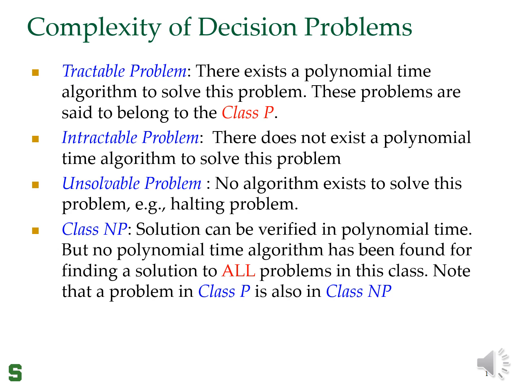The next class that I want to introduce is the class NP. It stands for non-deterministic polynomial. It means that these are problems that can be verified in polynomial time. We may not be able to find a solution in polynomial time, but if I give you a solution, I can check whether the solution is right in polynomial time.